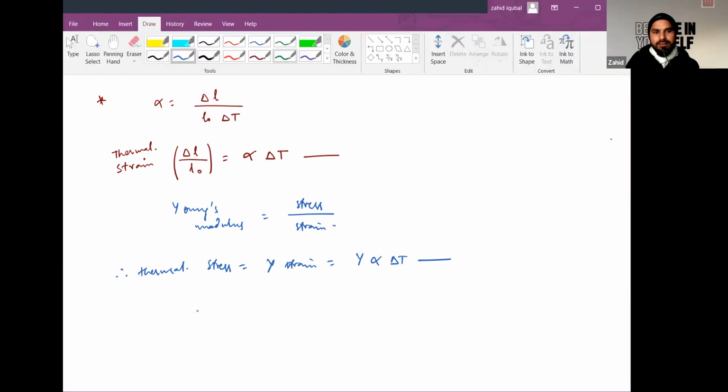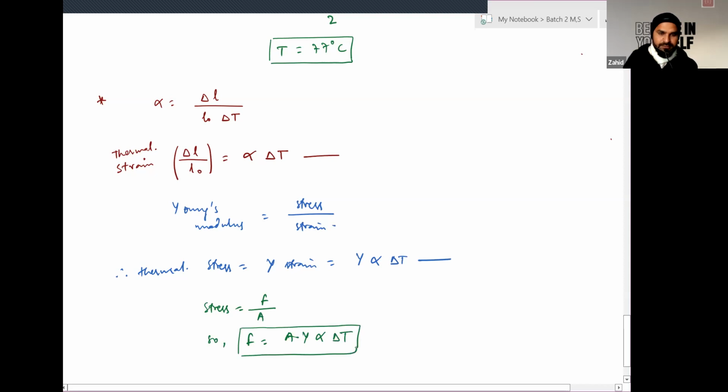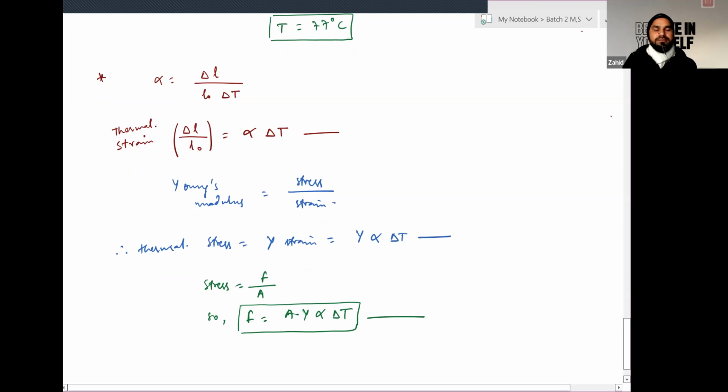And now stress is nothing but force divided by area of cross section. So we may write stress equals force by area of cross section. So force equals area of cross section times stress. So it will be A Y alpha delta T. Just write it down till this part. That's it.